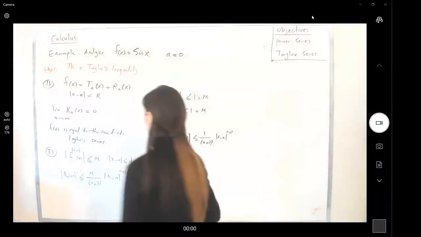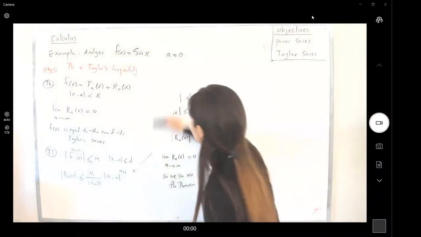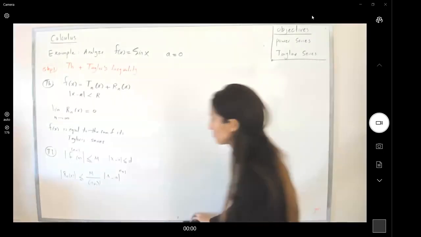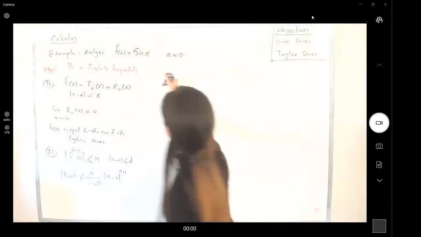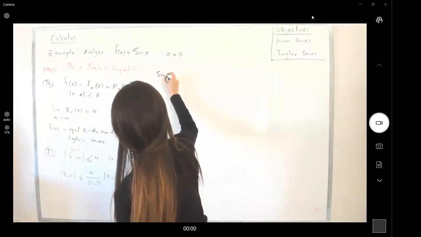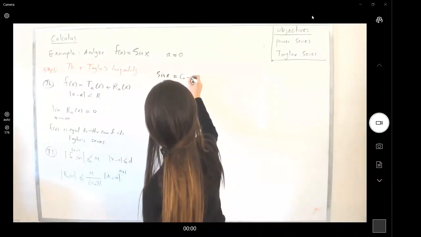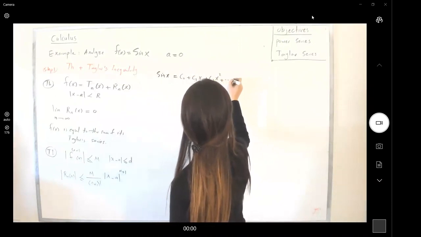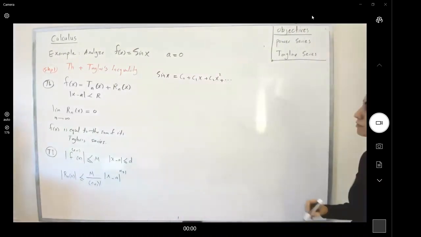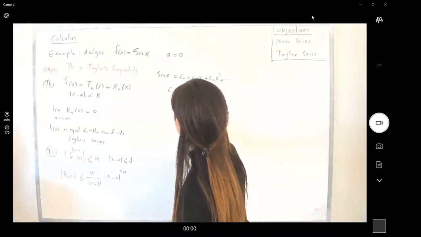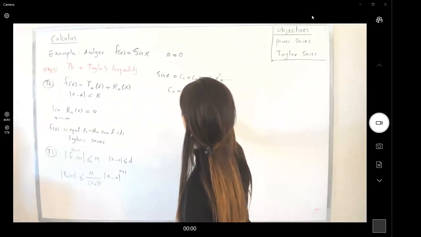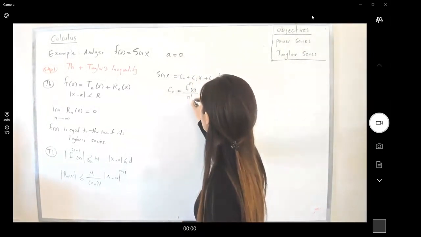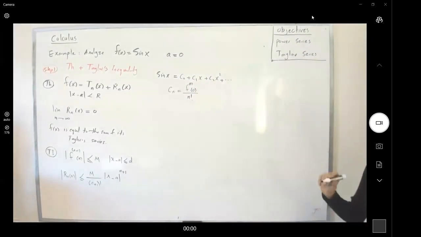So now that we can use our theorem, we can find Cn, or the coefficients. So we know that sine x can be written as c sub 0 plus c sub 1 x plus c sub 2 x squared plus c sub 3 x cubed plus the rest of them. And c sub n is equal to the n-th derivative of the function at 0 divided by n factorial. Let's find out.